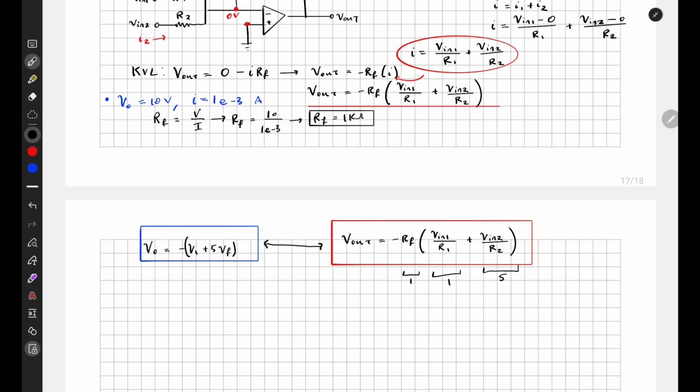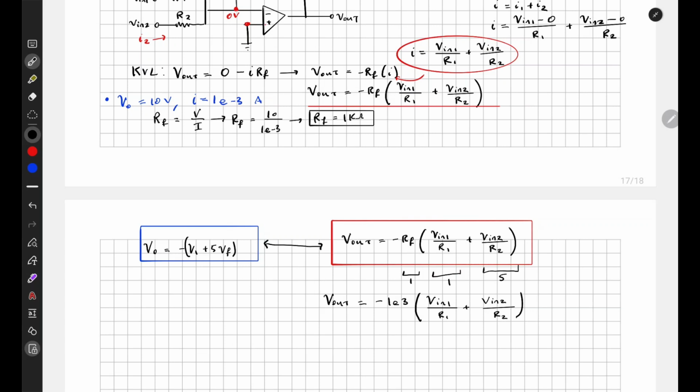So we need to find some values for R1 and R2 such that they fulfill this additional requirement. With RF being 1 kilo ohms, we can solve for this: V out is equal to -1 kilo ohms times V in 1 divided by R1 plus V in 2 divided by R2.